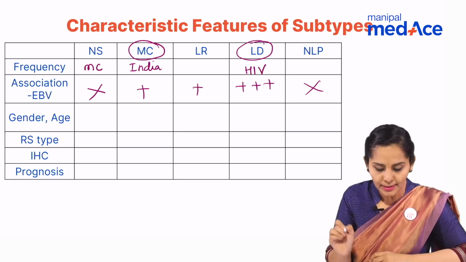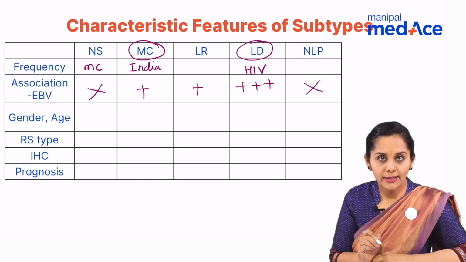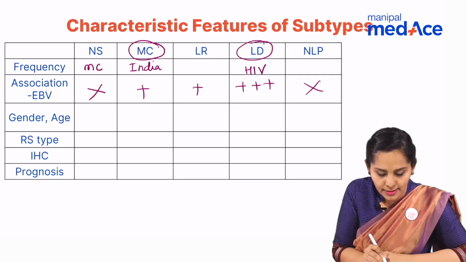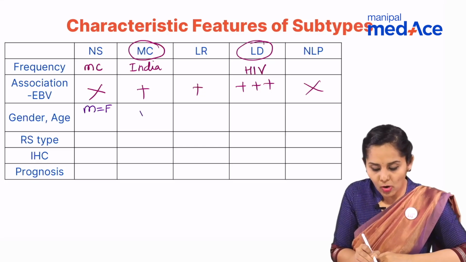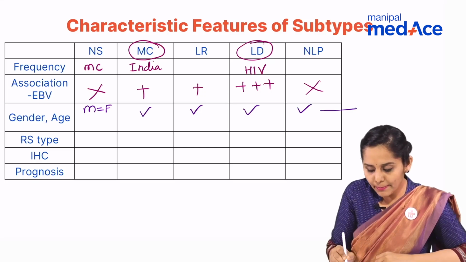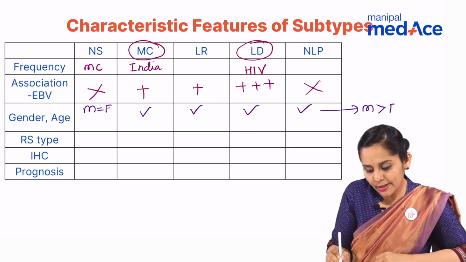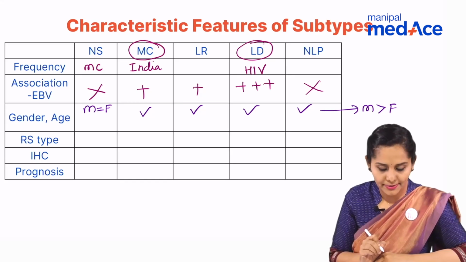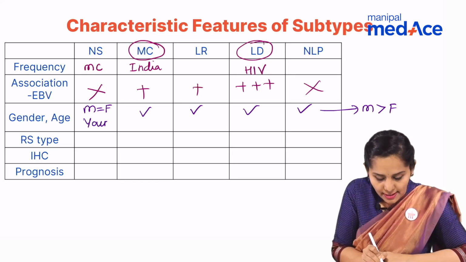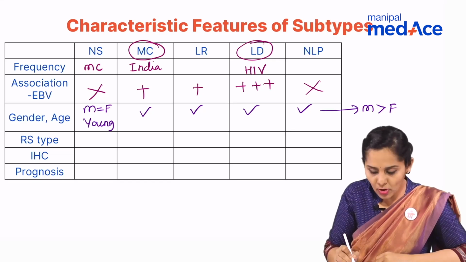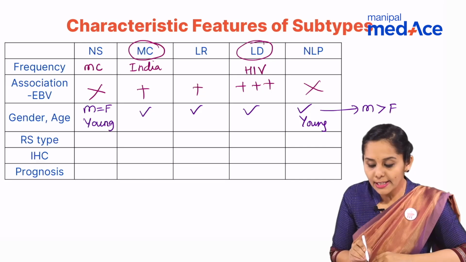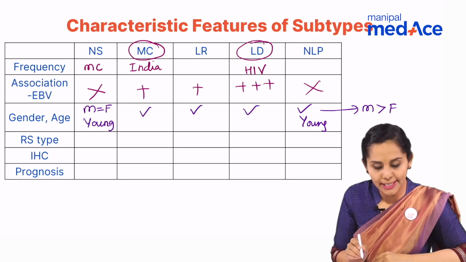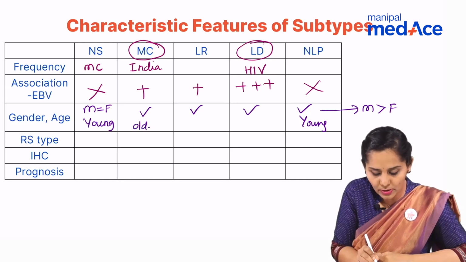Clear? Now, with respect to gender and age, okay, remember that there is equal predilection with respect to sex in nodular sclerosis. In all other variants, men are more commonly affected when compared to females, right. With respect to age, nodular sclerosis and nodular lymphocyte predominant occur in the younger age group, whereas mixed cellularity, lymphocyte rich and lymphocyte depleted occur in older individuals.